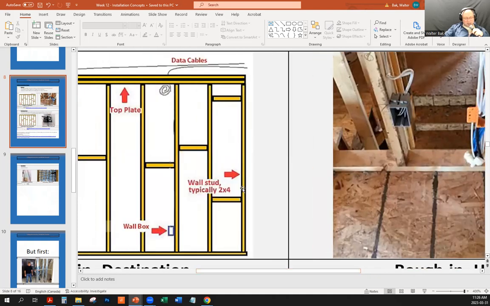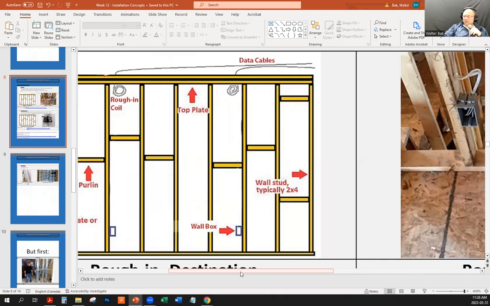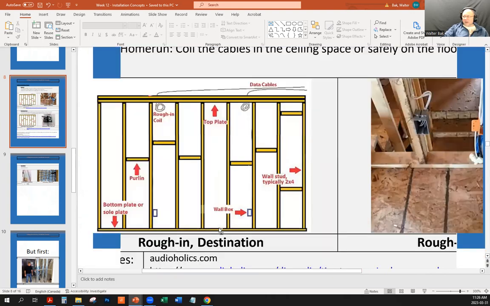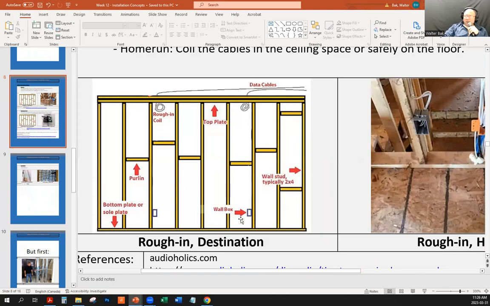Properly can mean different things according to the situation. Basically, what you want to establish is avoiding the possibility of those wires being damaged by other trades. So that was the roughing-in stage.